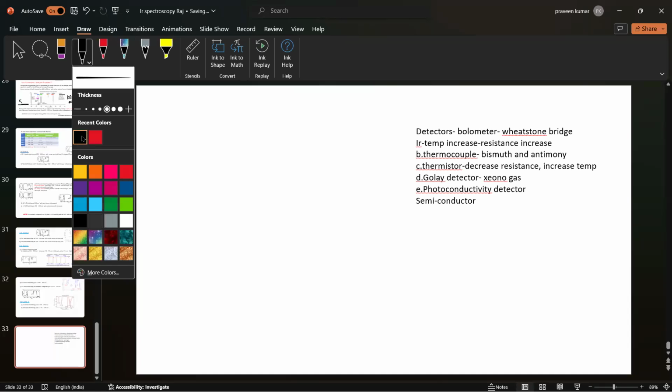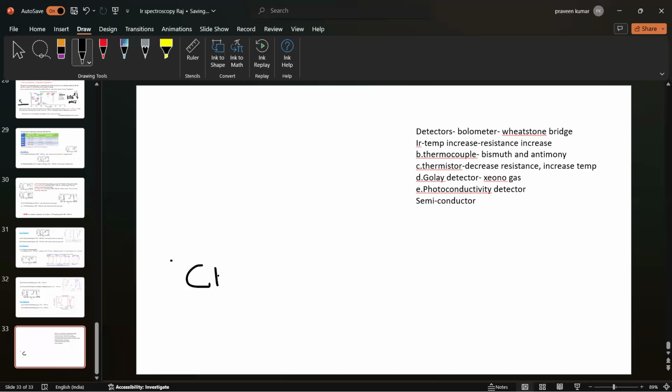It is 1725, roughly 1740 to 1720. Then for the alkene, primary alcohol, secondary alcohol, and tertiary alcohol, you have to remember all of these, because they are very important and will come in the examination.